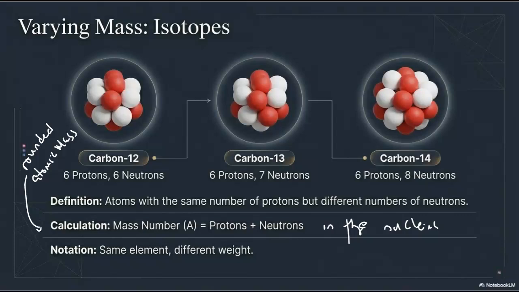There's a reason why it's rounded, and that is because we cannot have a fraction of a particle, and the atomic mass implies that we have a fraction. We cannot have half a proton or half a neutron. We either have a proton, we either have a neutron, or we don't have them. We'll deal with how to reconcile the atomic mass and the mass number in a little bit.